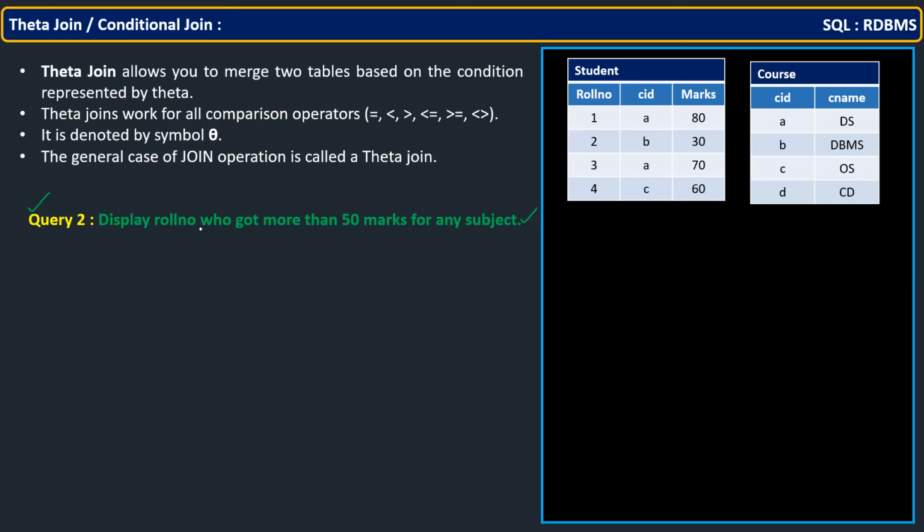Not only the roll number, display roll number and course name, that means C name. Now try to write the query and put it in the chat box.